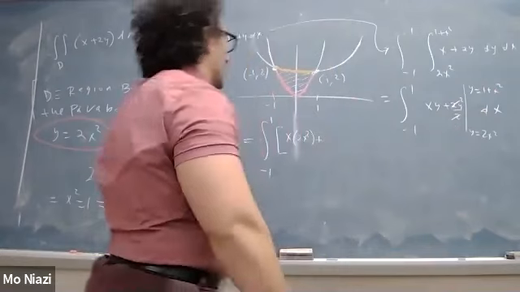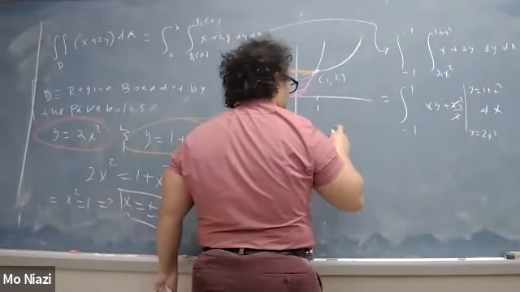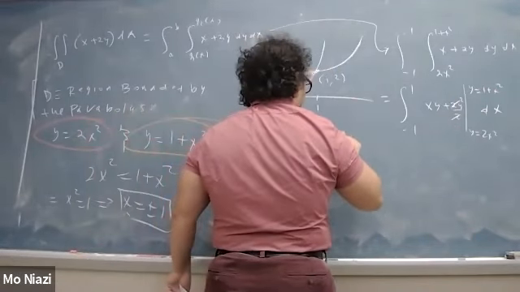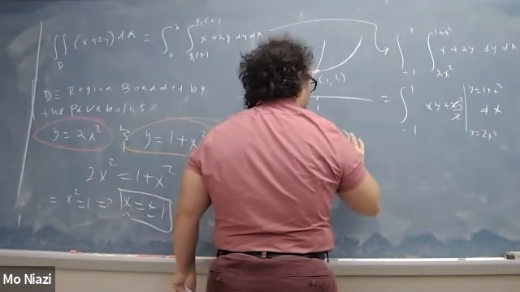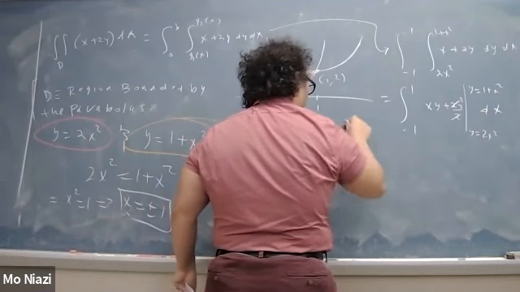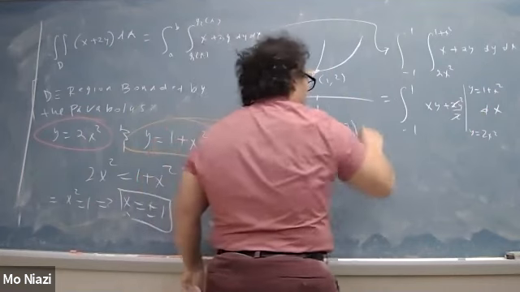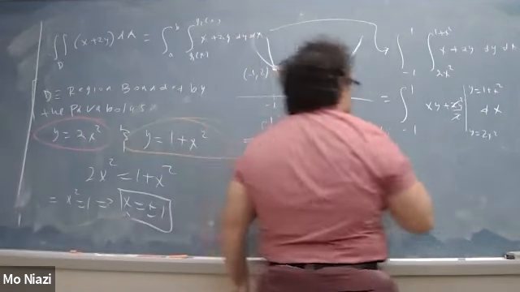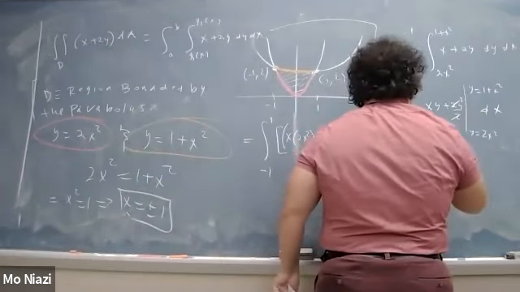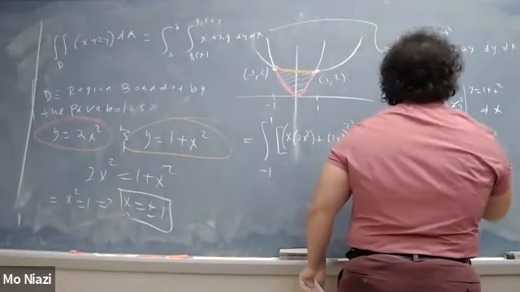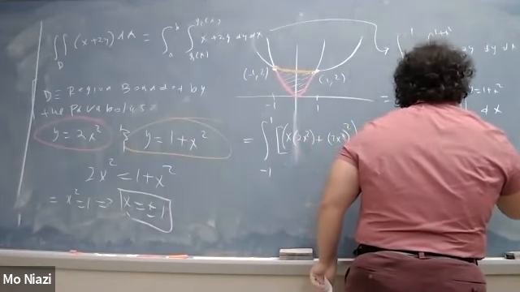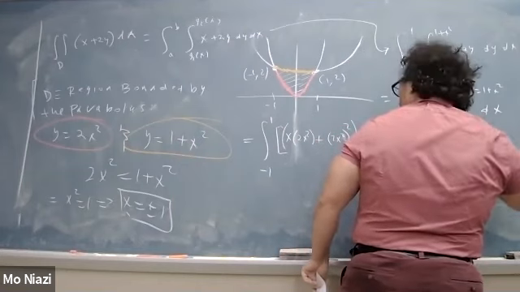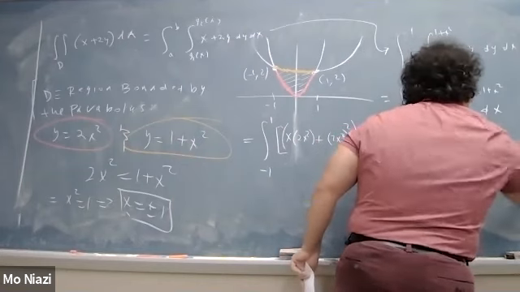And so then this becomes 2x squared, quantity squared. That's this piece. And then we have to evaluate it. So this becomes x times 1 plus x squared, plus our 1 plus x squared, quantity squared, dx.